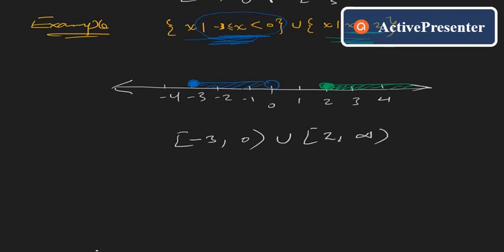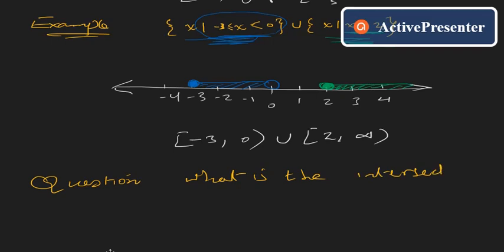If a question comes and asks what is the intersection, the answer is what? Phi, or what we call the empty set or null.